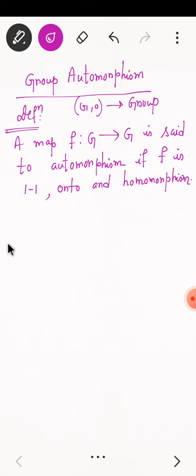That is, it preserves the group operation.